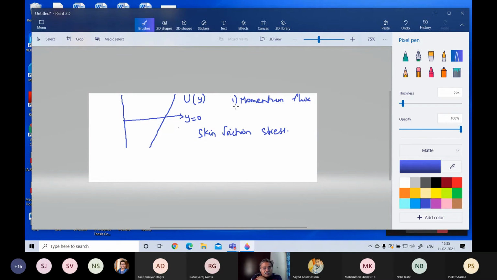This is something that is overlooked sometimes. It is basically what we say is that if there is a boundary, if there is a flow like this, this is known as X momentum.